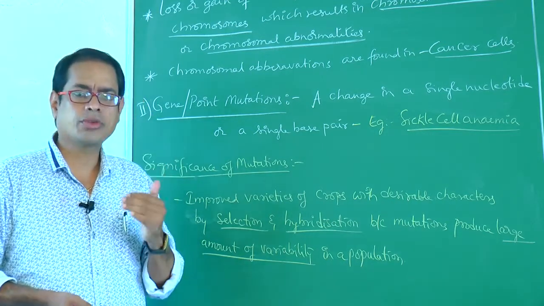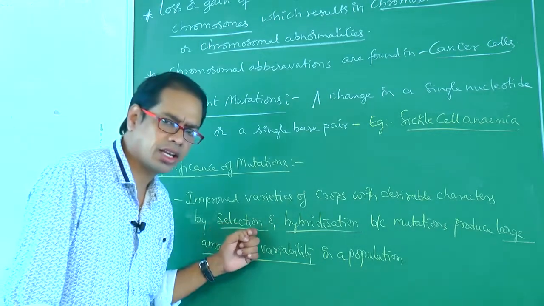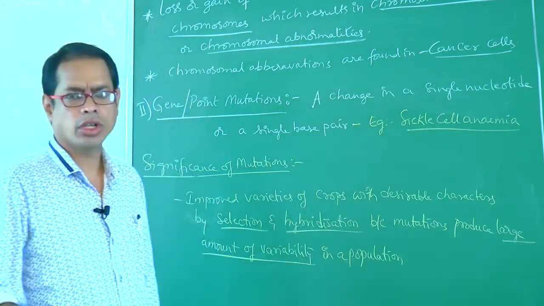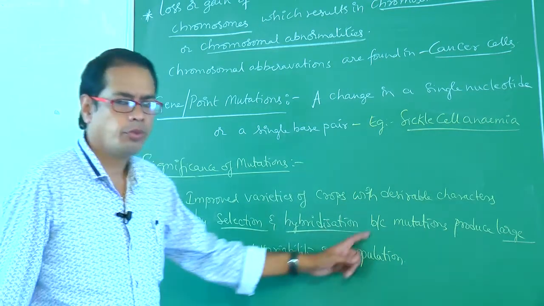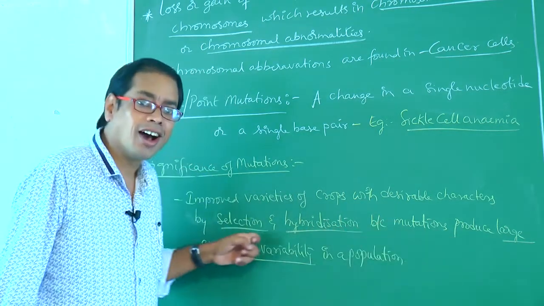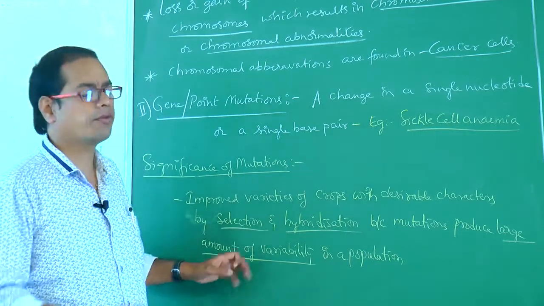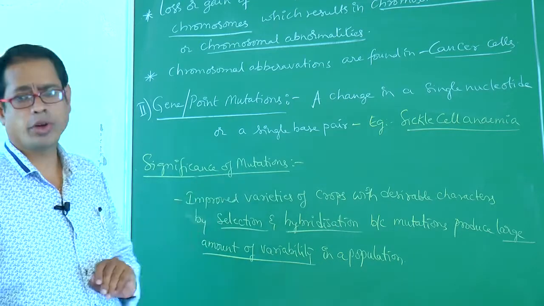So improved crops with desirable characters can be developed by which methods? One is selection and second one is hybridization. So this is about mutations.